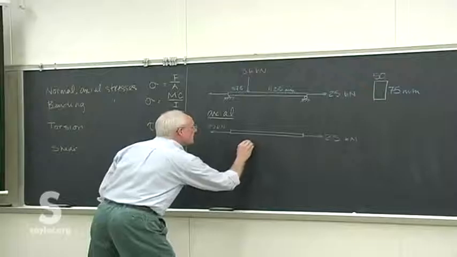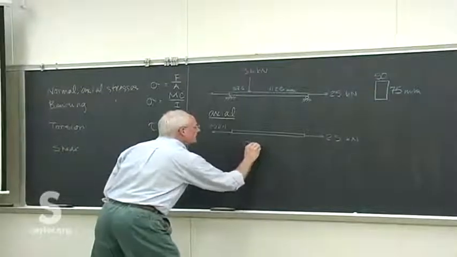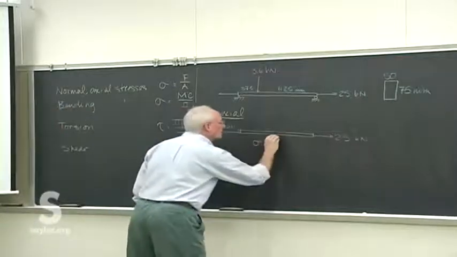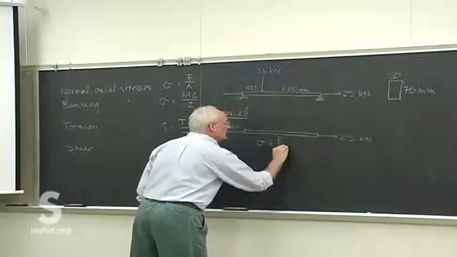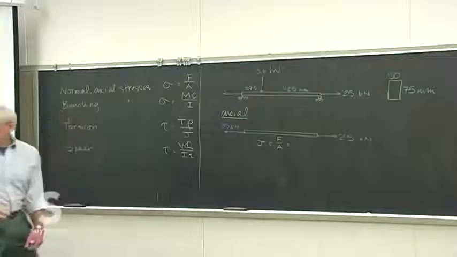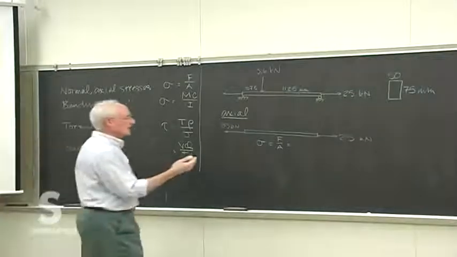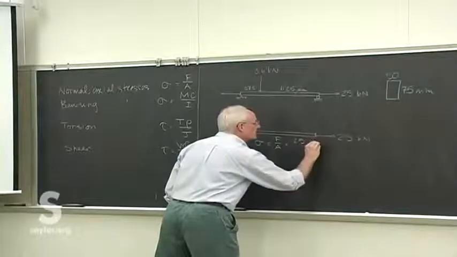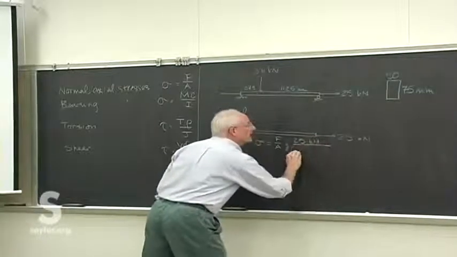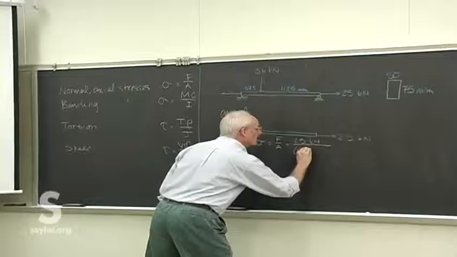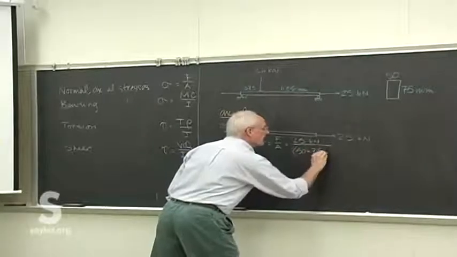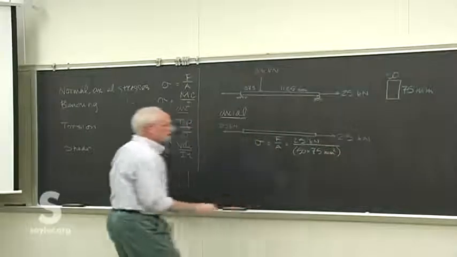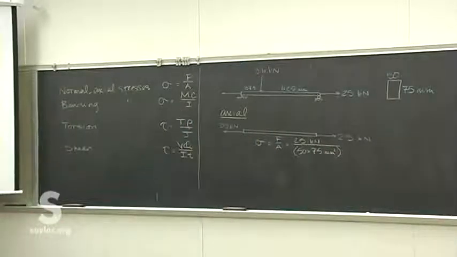And so we figured out back in the first week that the normal stress was the load being carried by a particular cross-sectional area. And we've got all this for this axial load: 25 kilonewtons being held by a 50 by 75 square millimeter area.